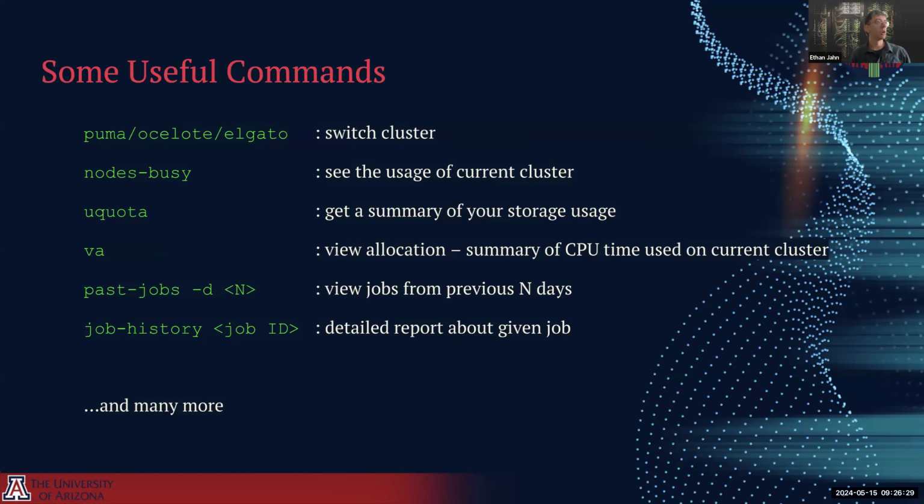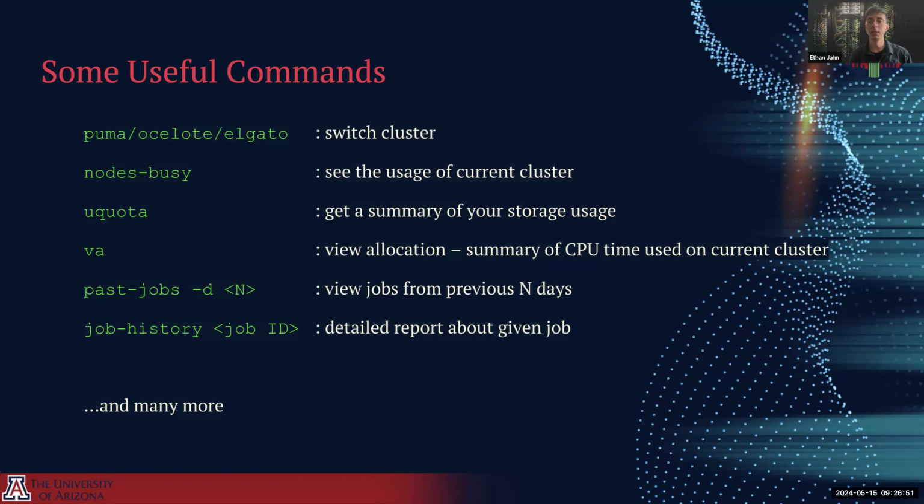And here are a handful of useful commands. These are not strictly bash commands. These are system utilities that our team has put in that enable you to do a handful of different things. If you need to switch your cluster, you just type the name of it. If you want to see how busy the HPC system is, just type nodes busy, and that'll give you a graphical overview.